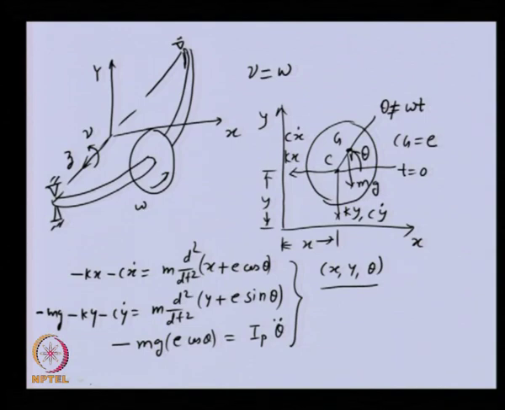Now these equations can be simplified by taking the derivative of the terms here, and let us see what form it takes. In this particular case, the first thing I am taking is theta equal to omega t, so that we have a constant speed of the rotor. So the third equation has no meaning now.